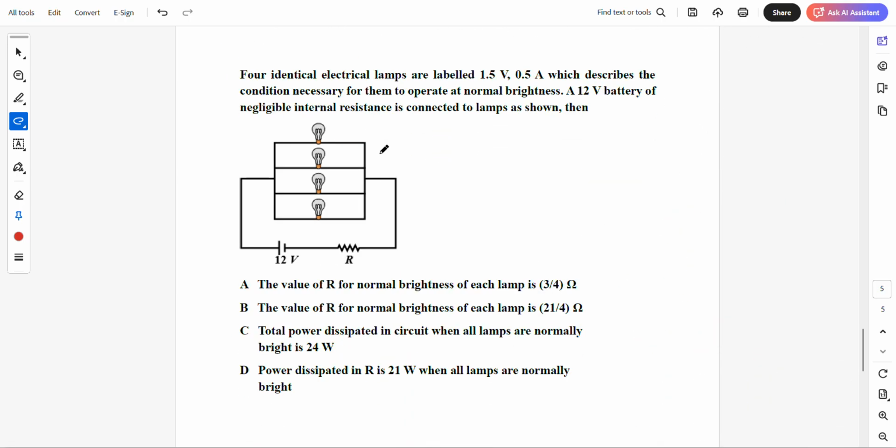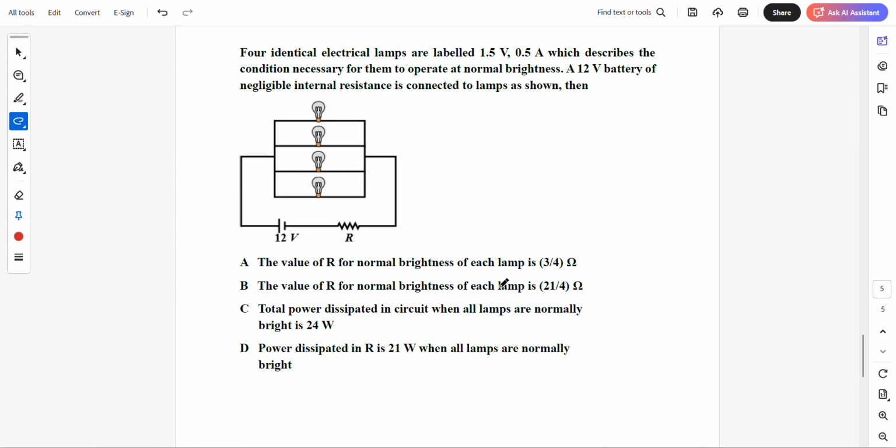Now here what he is saying is that 4 identical electrical lamps are labeled 1.5 volts, 0.5 amperes.